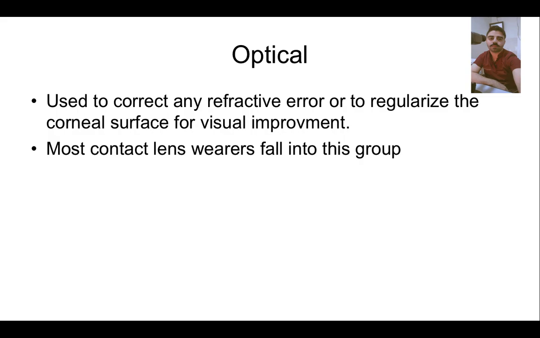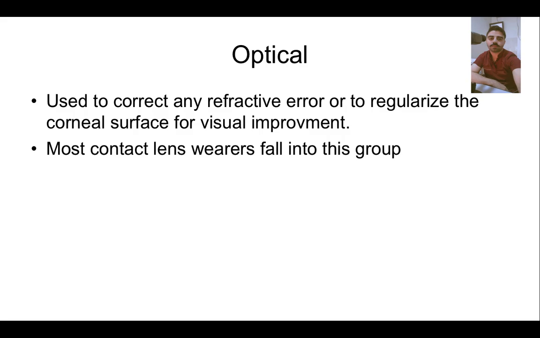Optical indication means an indication in which we prescribe a contact lens to our patient in order to correct any optical error of the patient's eye, and obviously that optical error could be any refractive error, like myopia, hypermetropia, astigmatism, in which he or she is unable to see clearly because of this optical defect.